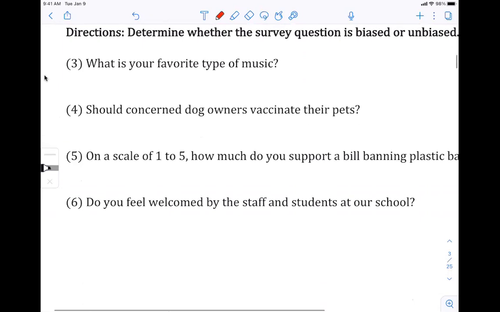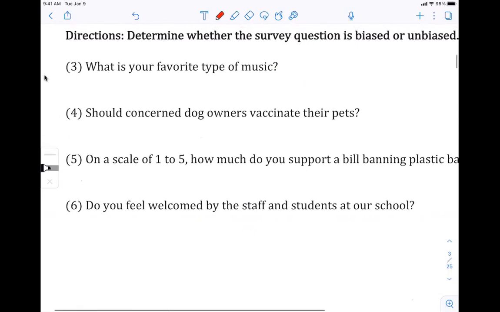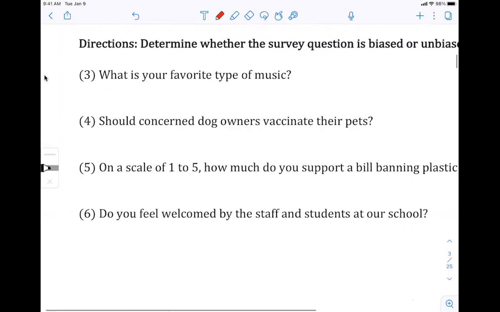Now I looked at this, and again, as long as you justify it, you can really argue either way. Some of these are more straightforward than others. This one is a pretty straightforward question. This one I would say is unbiased because it's not causing your person answering the question to answer in a specific way. You're just asking a general question. What is your favorite type of music?